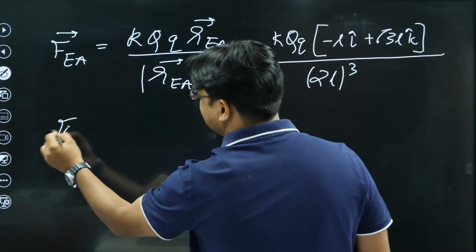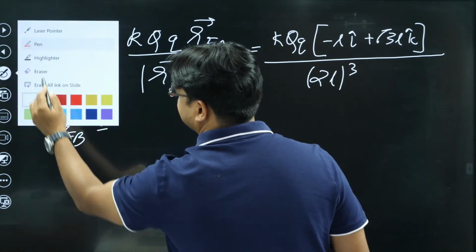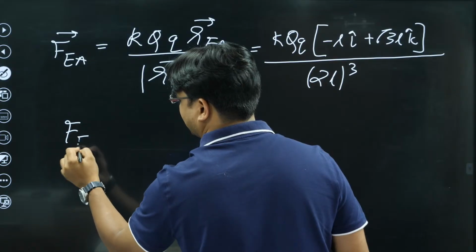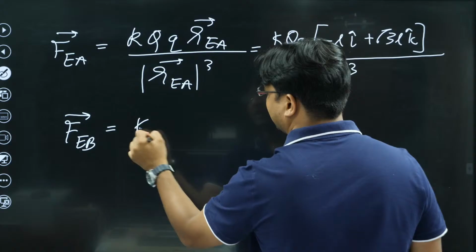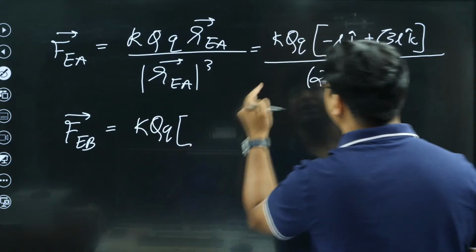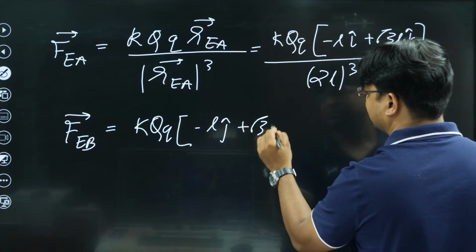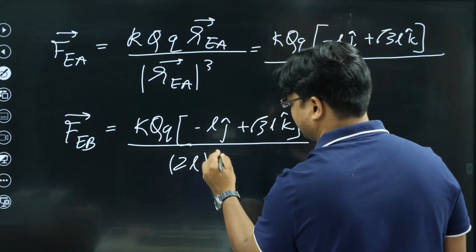Likewise, the FEB vector would be written as KQq, and then it will simply become minus L j cap plus root 3L k cap upon 2L cube.